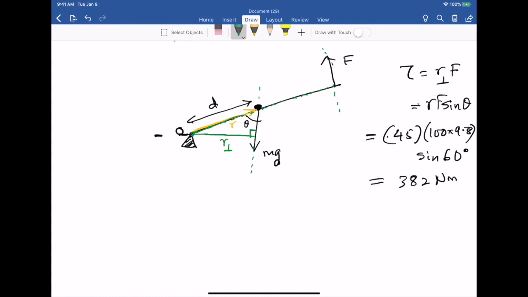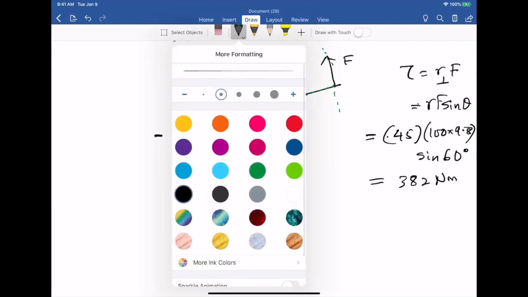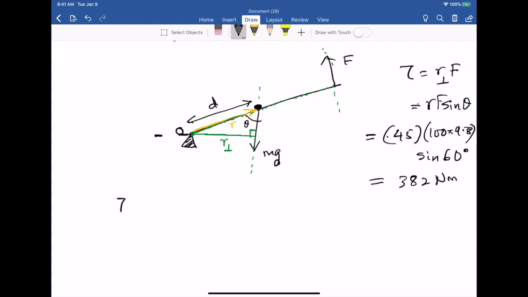So the torque would just be the length of the rod itself, which is 1.5 meters, multiplied by the force, F. And so we can only get the answer in terms of F so far.